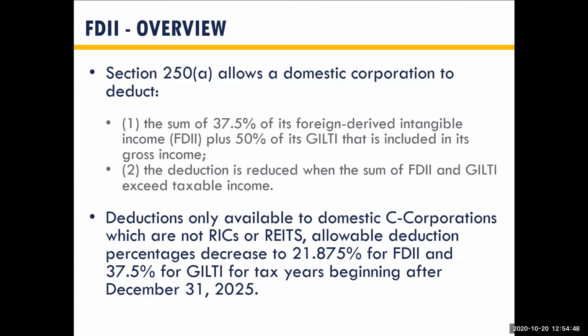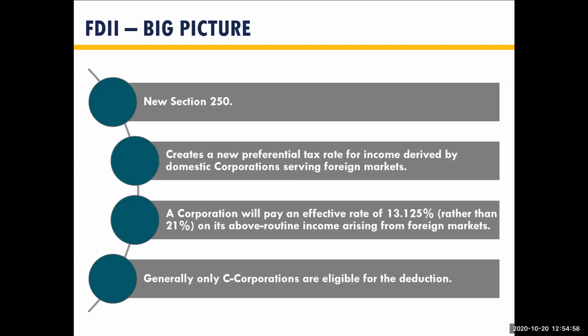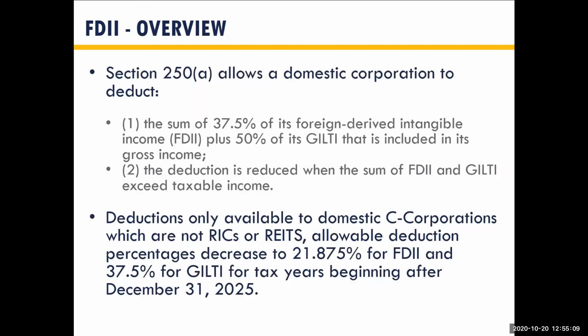And note that the deduction percentage decreases after 2025. So you get, if I go back here, an effective rate of 13.125%. After 2025, that effective rate will go up a little bit, but it will still be below the 21%.